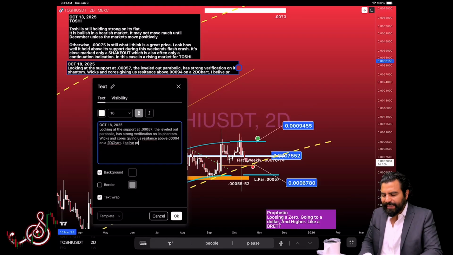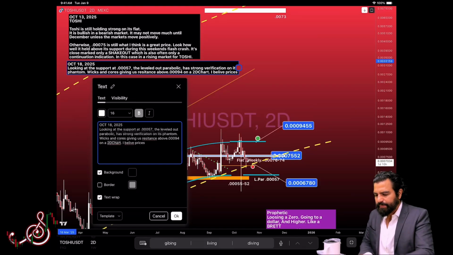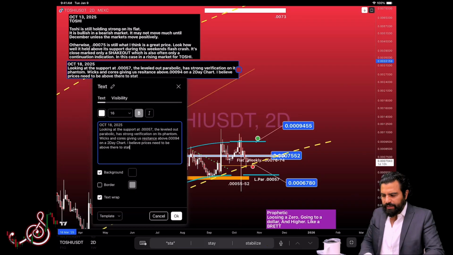I believe prices need to be above there to start the next large bull run, bull move for Toshi.